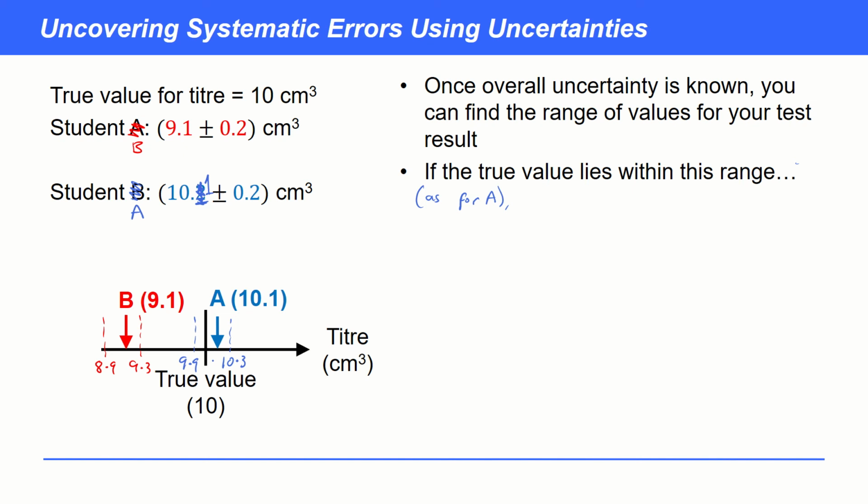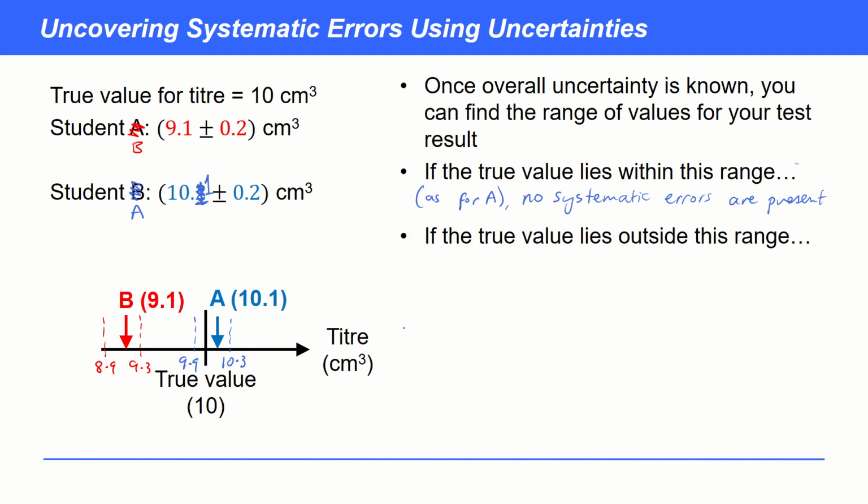Or put another way, the range of values that they have obtained contains the true value, and therefore, based on the limitations of their equipment, they may have actually worked out the true value. They couldn't do any better based on their equipment. So if the true value lies within the range, no systematic errors are present. If that happens, you get a good idea that student A has done things properly.